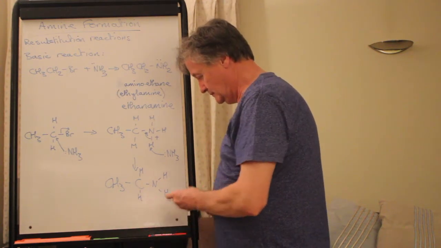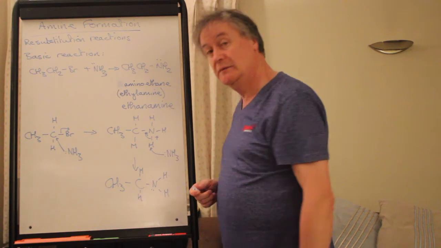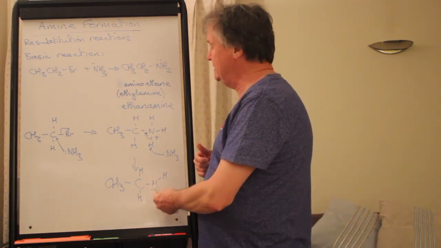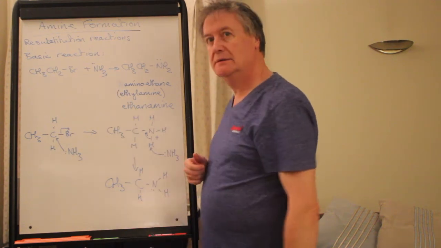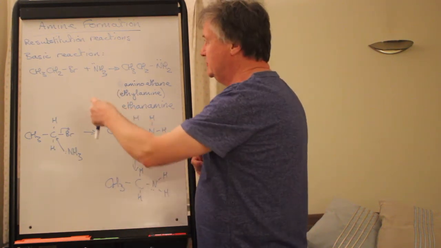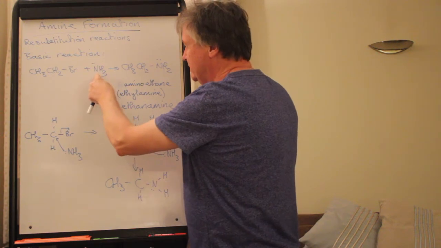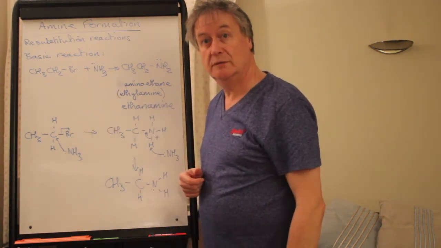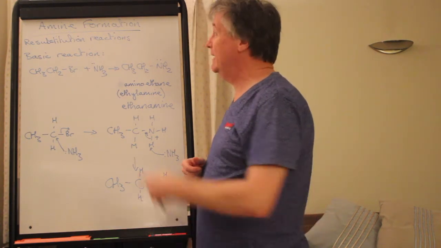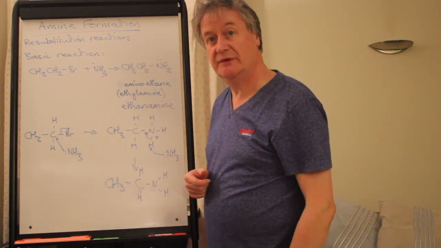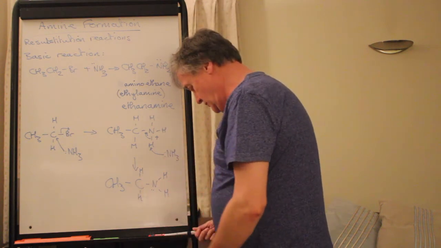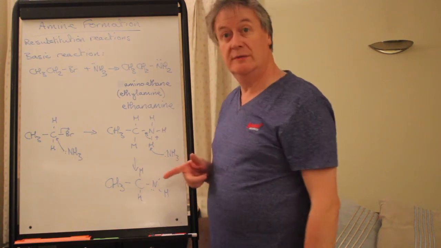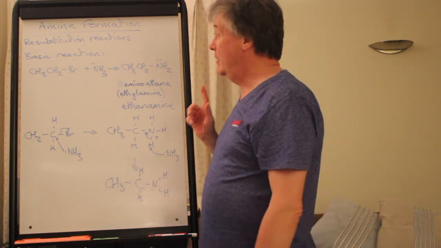This, which of course has a lone pair, can take the place of the ammonia in this reaction, and instead of ammonia doing this, this will react with the bromoethane, and that's where the re-substitution comes in. So I will take you through the re-substitution steps when I've got them on the board. I'll see you in a moment.